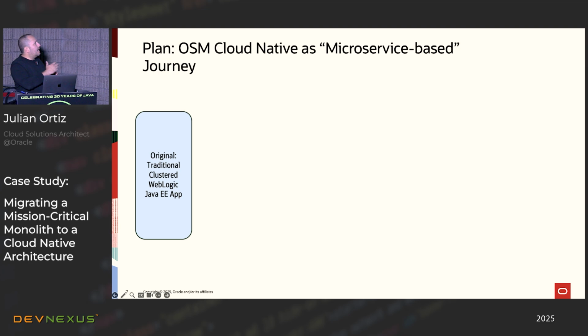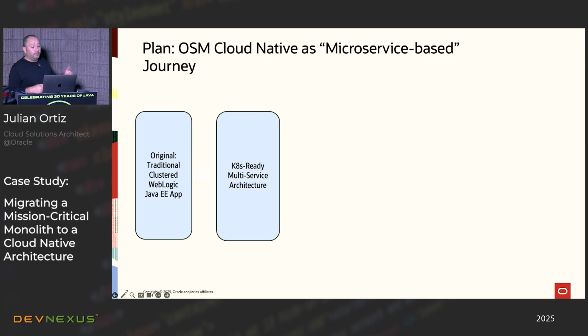In that sense, the product team defined some objectives. First, we were going to keep the same traditional cluster application. That had to remain for those on-premise customers that already have the product deployed. Then we wanted to be cloud native ready.